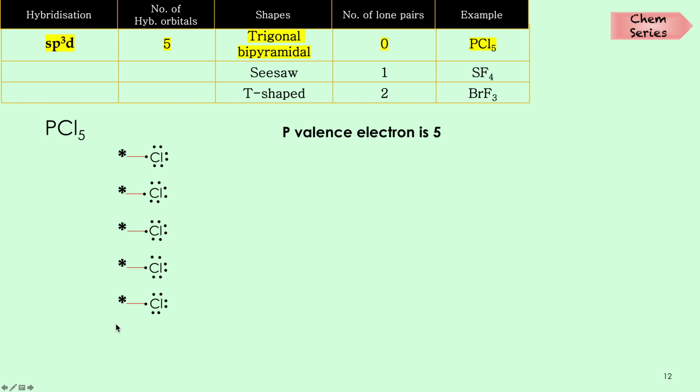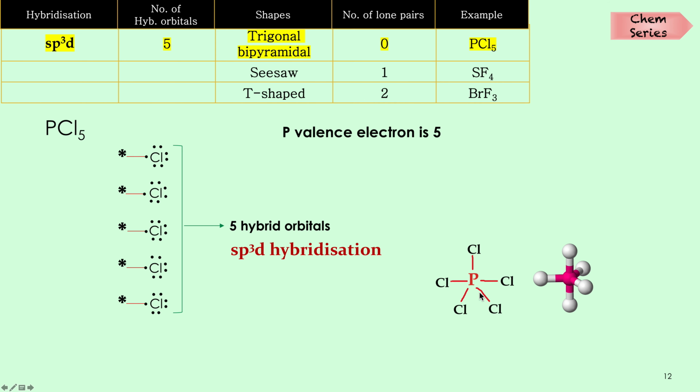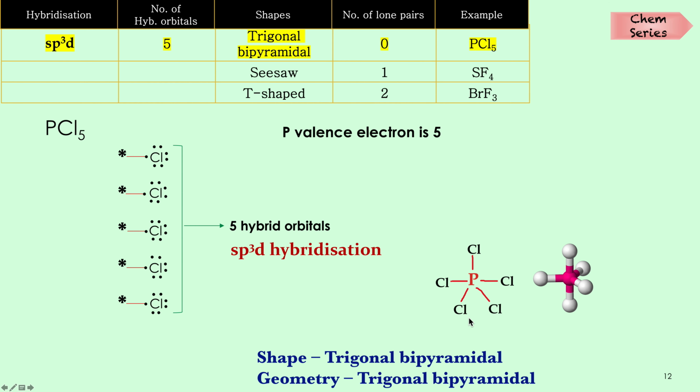So there are no other electrons left out for the phosphorus as a lone pair. All the 5 electrons are being used by the chlorine. So your hybrid orbitals will be 5 and it is sp3d hybridization. The shape will be trigonal bipyramidal. The geometry will also be trigonal bipyramidal.